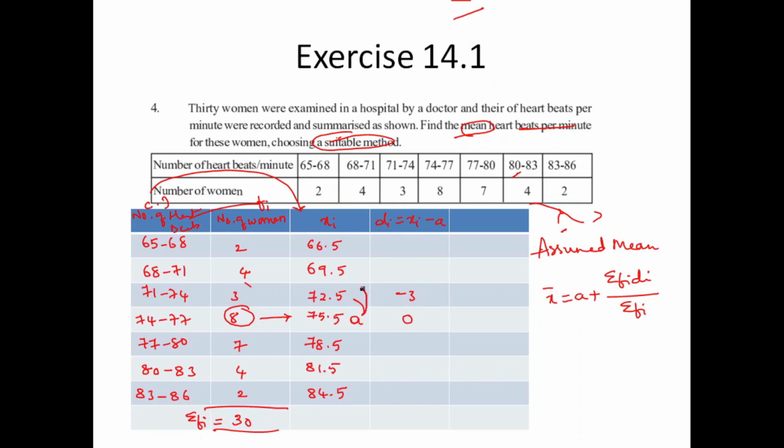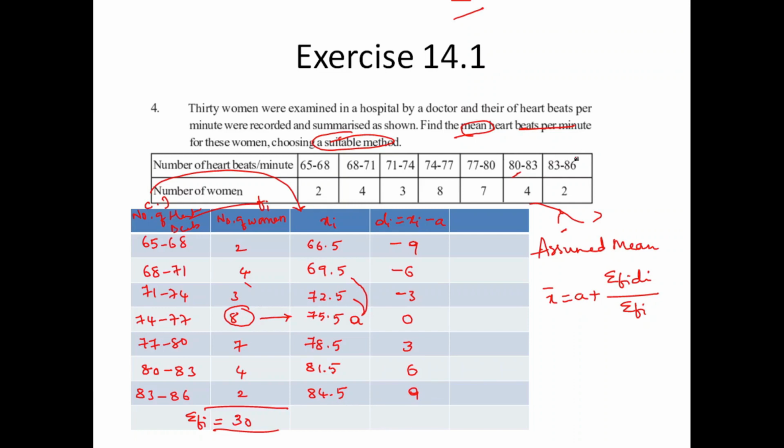And similarly, if I'm doing this subtraction, this comes to minus 6 and this to minus 9. See, whenever you are taking the mean deviation, you will be having the negative values the same as the positive values.